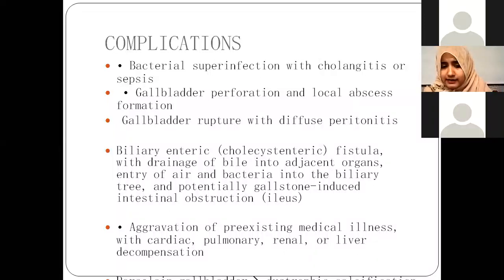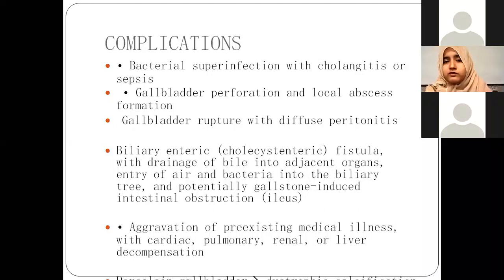What else can happen is biliary enteric fistula formation. We read earlier that there is acute emphysematous type of gallbladder. So this is what a biliary enteric fistula is, with drainage of the bile into adjacent organs, entry of air and bacteria in the biliary tree, and potentially gallstone-induced intestinal obstruction. That stone will slip down into the intestine and can cause ileus and obstruction.